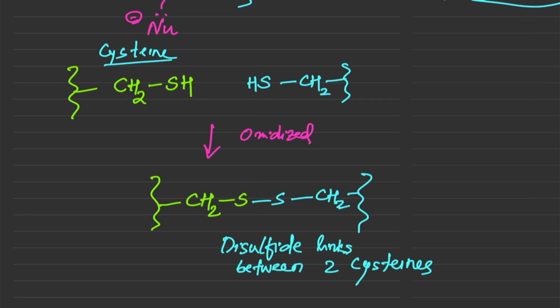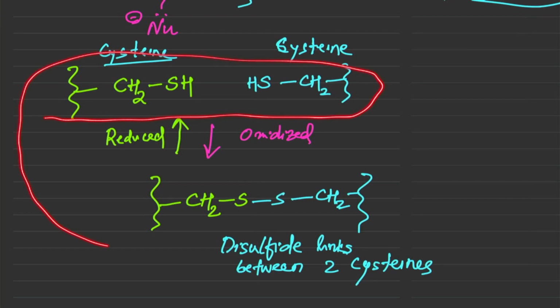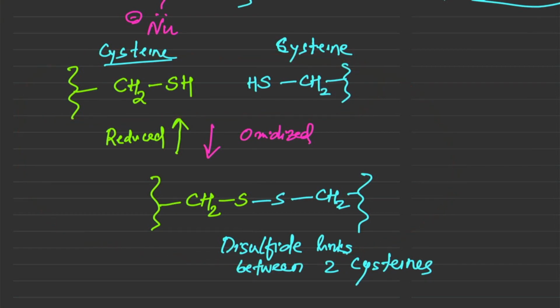This is also cysteine. And two cysteines oxidize or combine, whatever you want to call it. You can also go in the backward direction. You can break this disulfide linkage by adding hydrogen. That process is obviously called reduction. So reduce to go backward. You can do any of these reactions. This is very important. Without these reactions, you will not survive. And I will explain in our biochemistry lecture why.